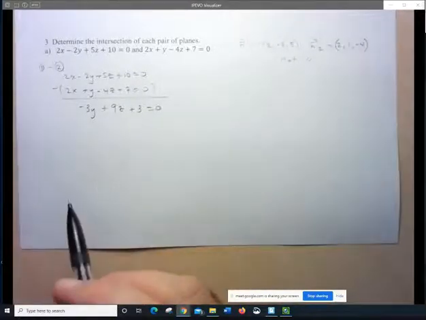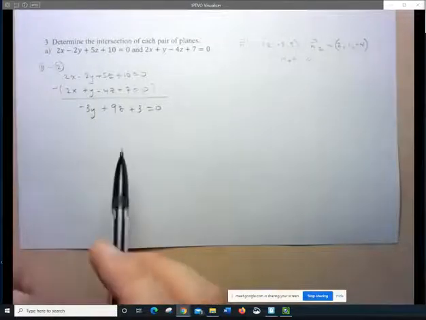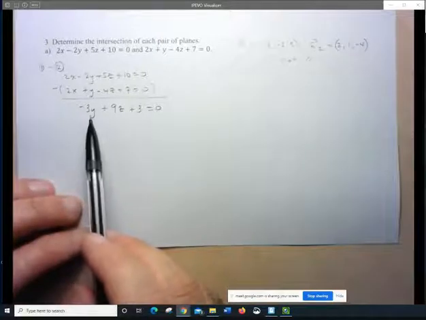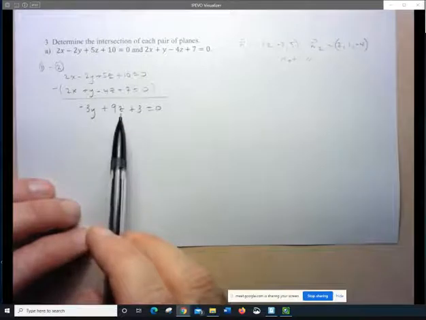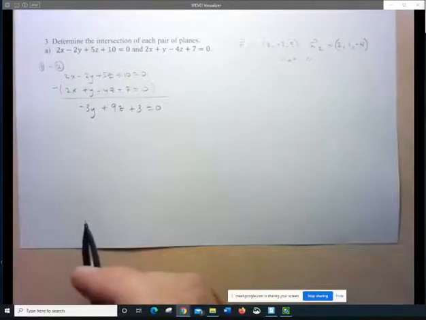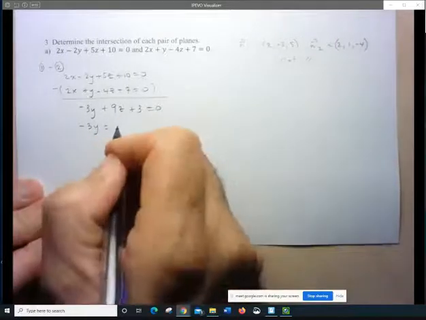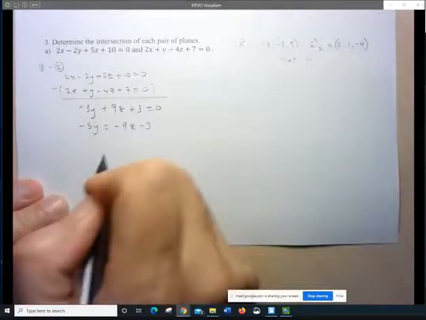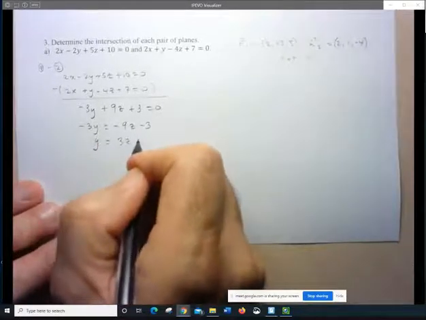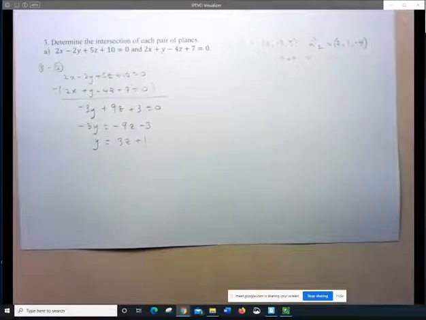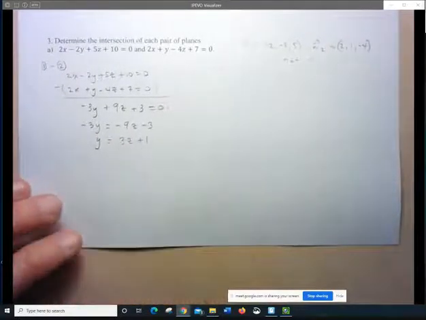It's not as nice as finding an exact value, but at least you can write one in terms of the other. I'm going to isolate y, because that gives me a nicer scenario. If I isolate z, I end up having to work with a fraction. If at all possible, I try to avoid working with fractions. If I can't, I can't, not the end of the world, but here this is much nicer. So this is just going to give us y equals 3z plus 1. At least I've managed to write one variable in terms of the other.